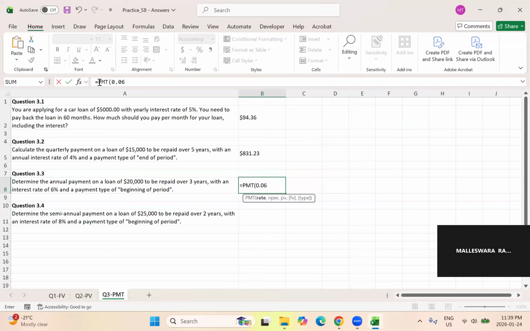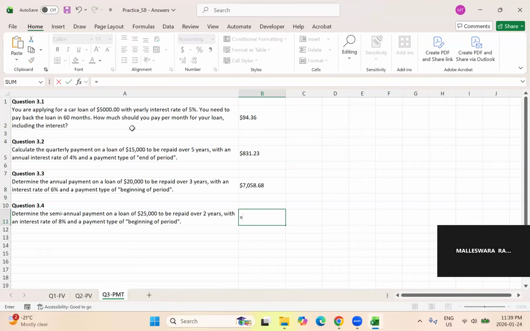Beginning of the period. What is the period? Annual payments. So period is a year. I don't need to show 3 years. And the loan is 20,000. So beginning of the period. And negative sign.